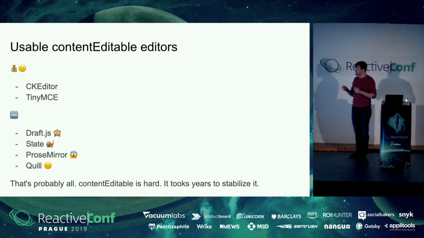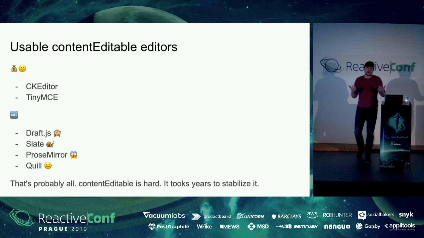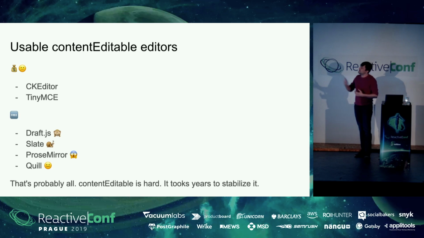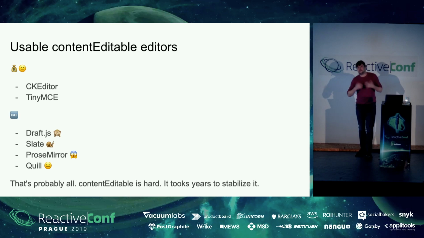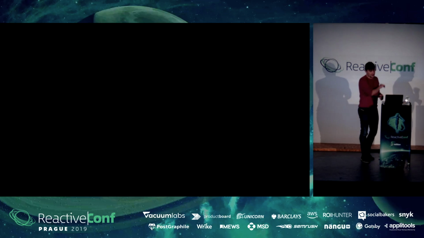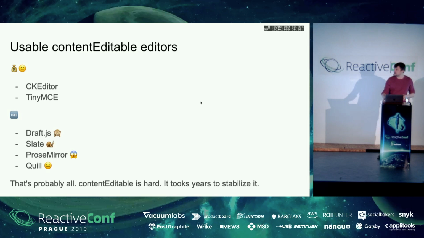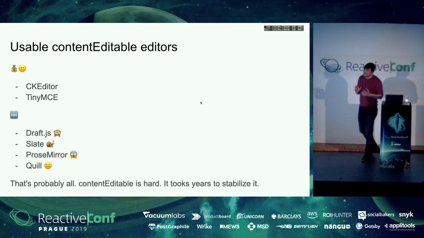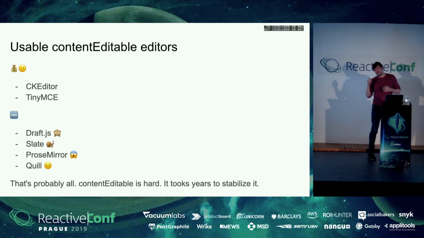So it's somehow open source, but they do not hear what the community needs, because the whole team behind Draft.js is two people, and they are fully working on Facebook features. So Draft is nice, probably one of the best, but if you need anything else, they will not listen to you.